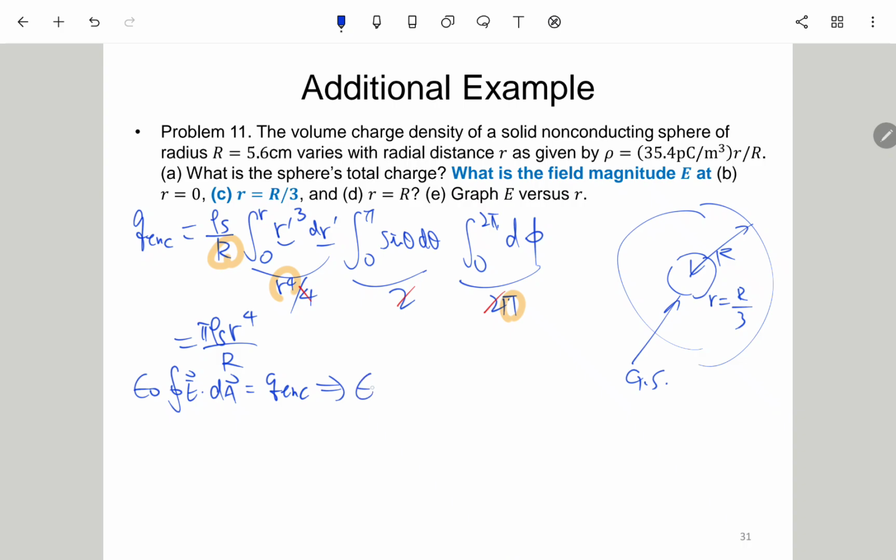So in such a way, we have epsilon naught times E times 4 pi r squared equals this one, putting it here. So it will be pi rho S r to the 4th power over capital R. In this case, we can partly cancel this r squared with this r to the 4th power down to r squared.